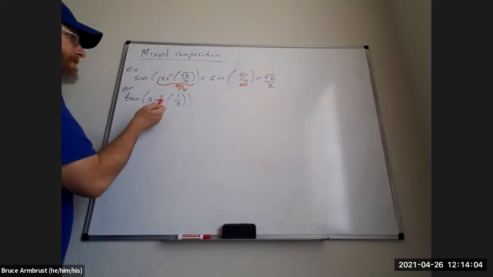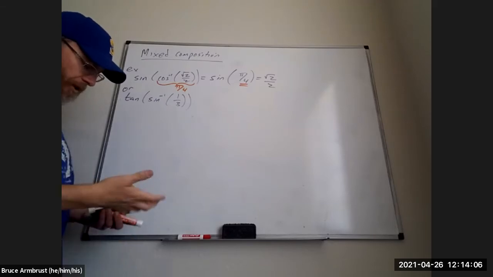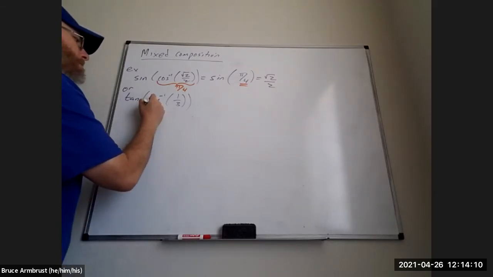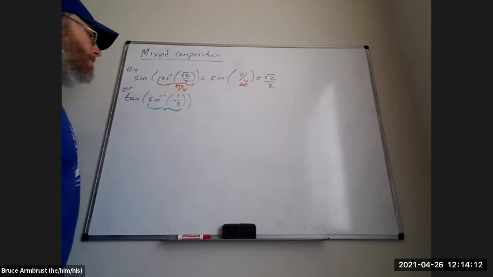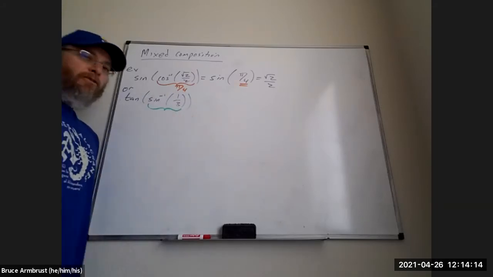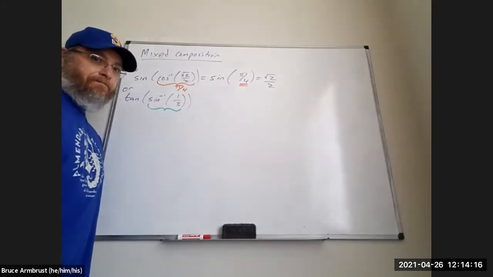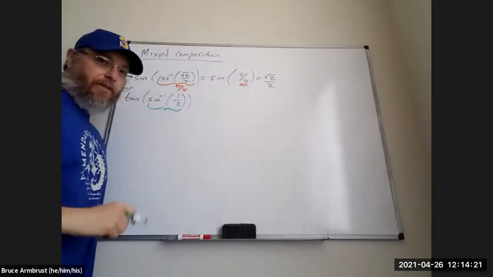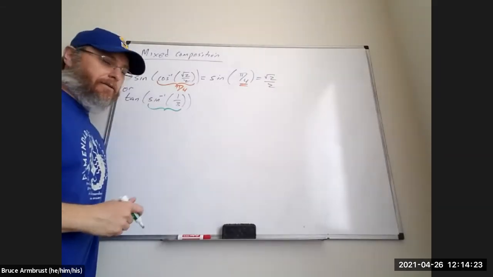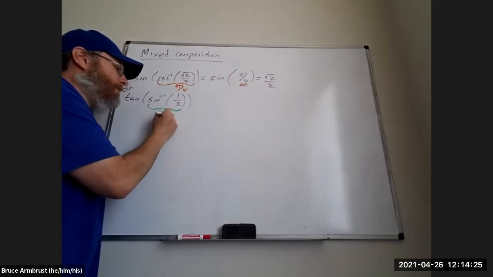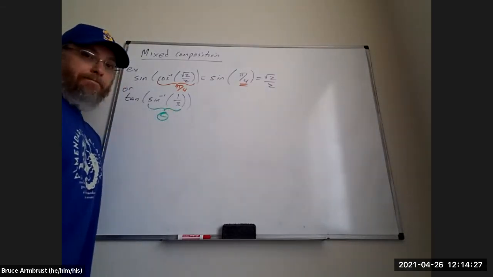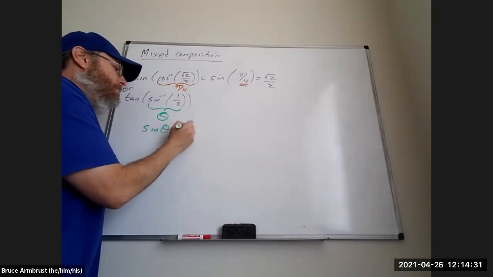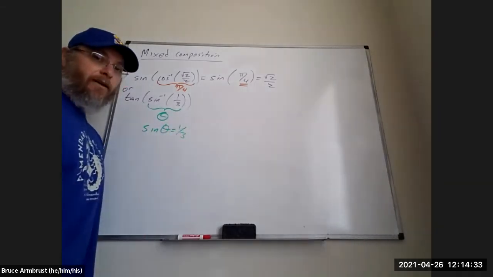Right? So this next one, we're going to start with inverse sine of 1/3. Don't bother looking at your chart, because we don't have an angle whose sine is 1/3 anywhere on our chart. But it is going to be an angle, right? It's some angle, and this is an angle whose sine is 1/3.